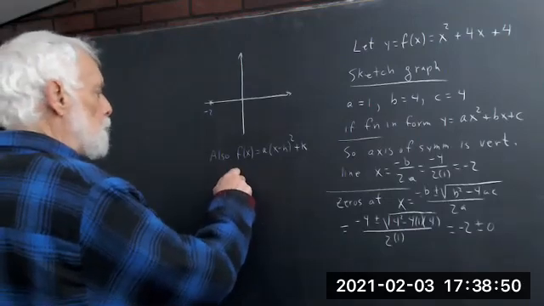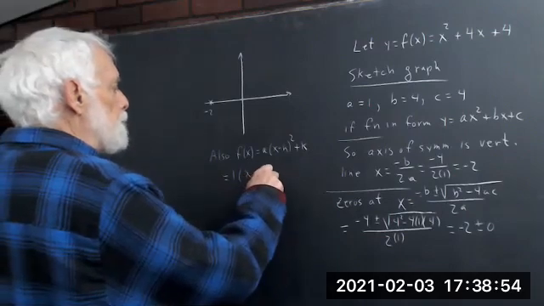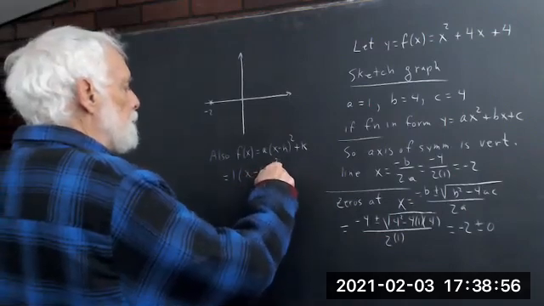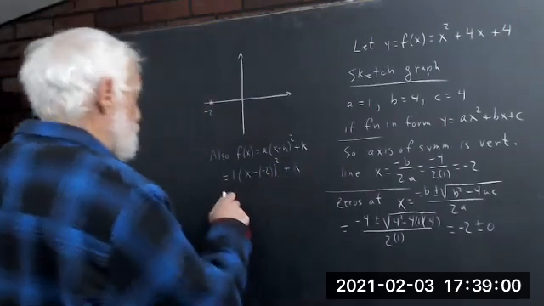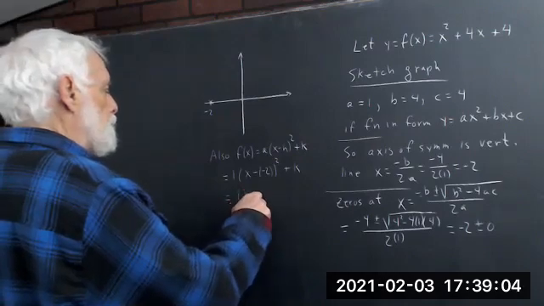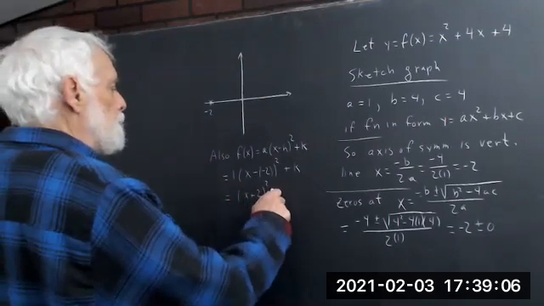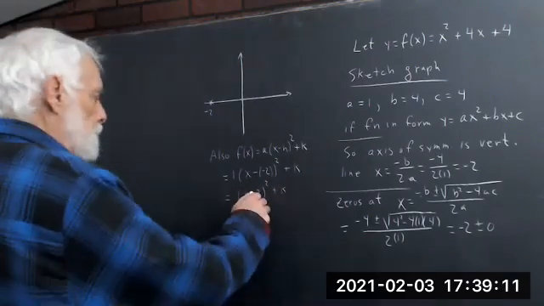In this case, that's 1 times x minus negative 2 squared plus some number k, which is x plus 2 quantity squared plus k.